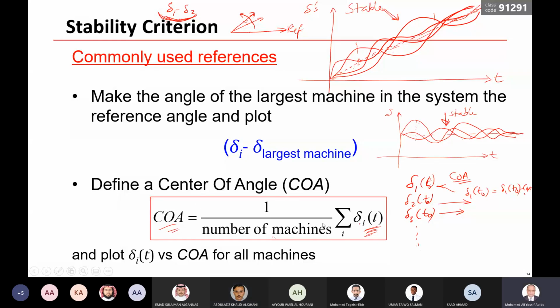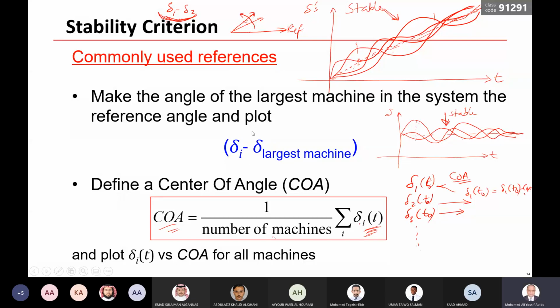Any question? Unfortunately, time is over. I just want to ask about the relationship between these angles, maybe the reference angle, compared to the swing bus and the slack bus in the power system. Yes, here you can take the largest machine as your reference.